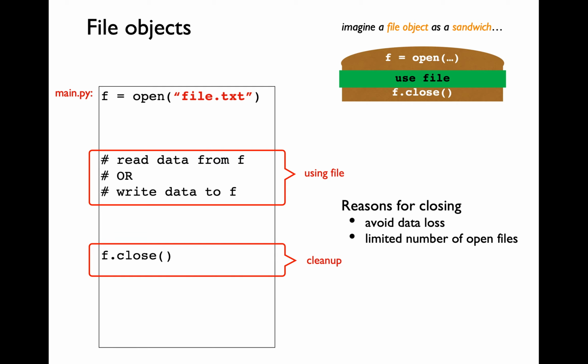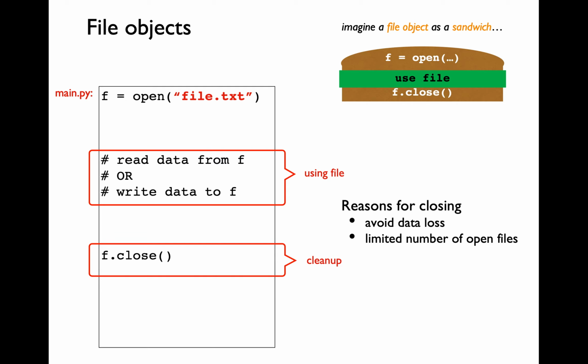Let me give you a twofold reason as to why you need to always invoke the close function call. The first reason is because that will ensure that you're avoiding any data loss. Let's say that in the middle your program crashes and half of your file's contents are still in RAM and not yet written to the hard disk, then you're going to end up losing all of those contents within the RAM.